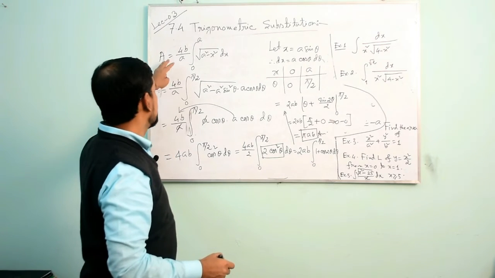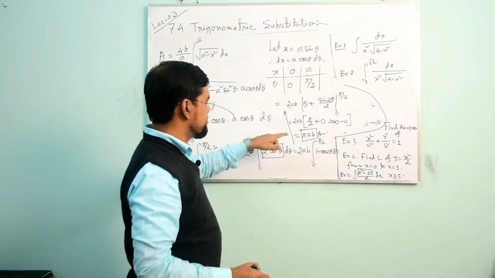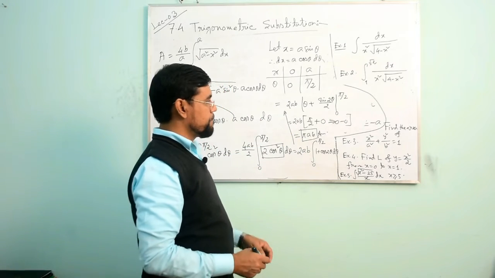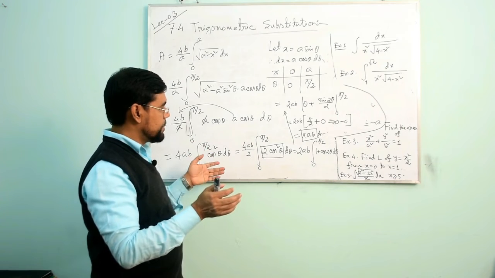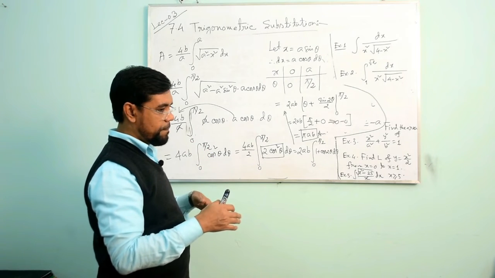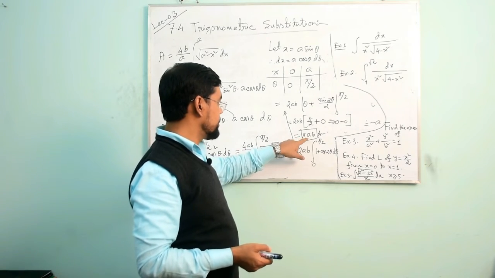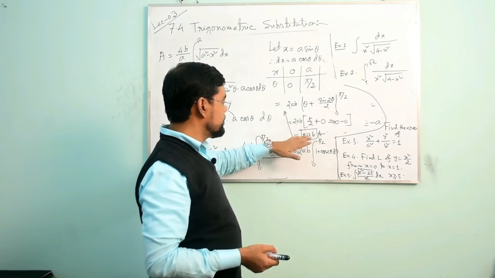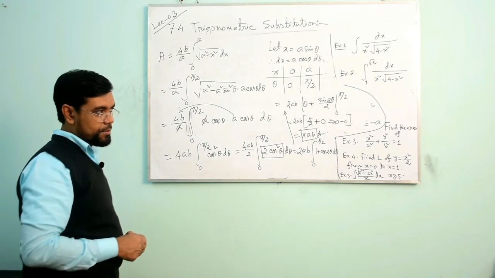So the area of an ellipse is this, pi ab. If you know the length of major axis and if you know the length of minor axis, then by using this as a formula you can easily evaluate area of an ellipse.